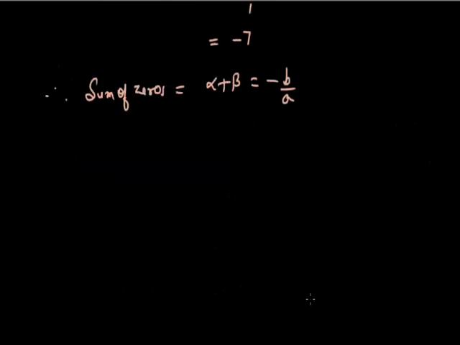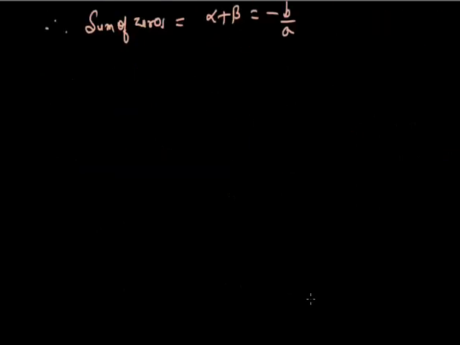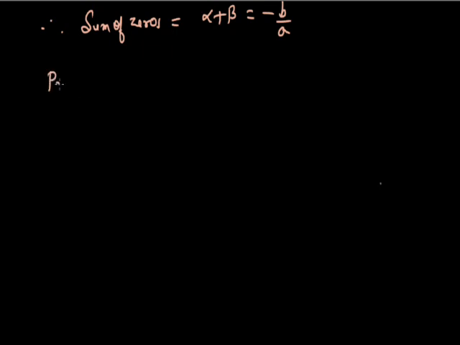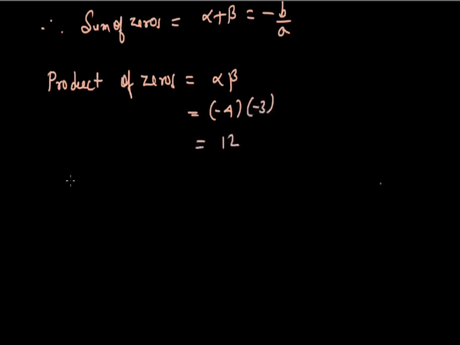Now also we have to prove that the product of zeros is equal to c/a. Product of zeros is α multiplied by β. So α is −4 and β is −3, so this will be equal to 12.